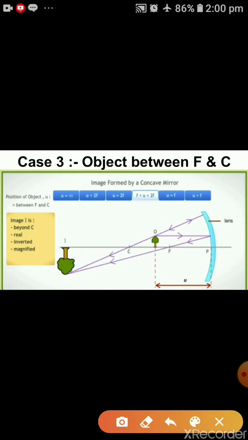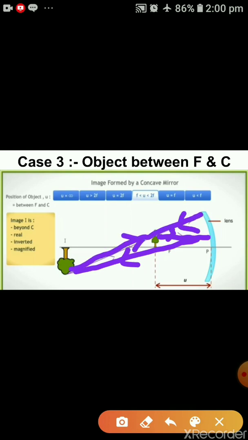The first ray, again, always the first ray will be parallel to the principal axis for these cases. So the first ray is parallel. Because of the first rule, it will pass through focus. The second ray will come from the center of curvature and it will reflect back along the same path.